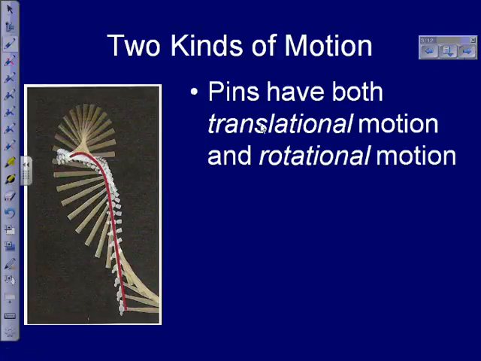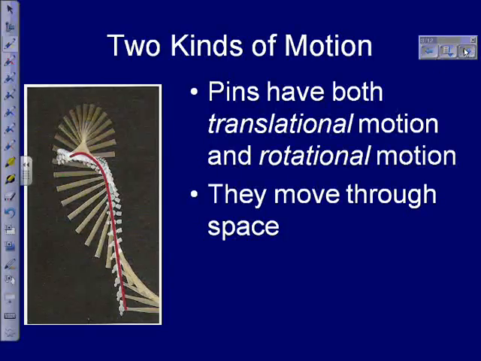We would say in this case that these pins, the bowling pins from the previous screen, or the ladder in this picture, have both translational motion and rotational motion. Translational motion is something moving through space. If we go back to the example we used the other day, we talked about the Earth moving in its orbit versus the Earth spinning on its axis to create night and day.